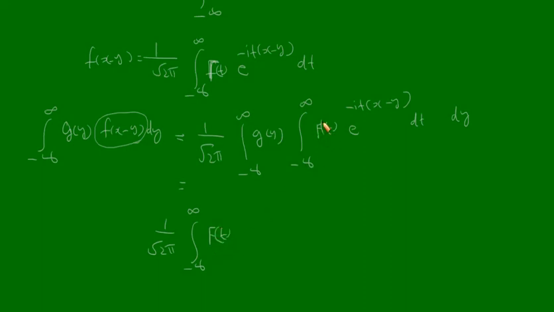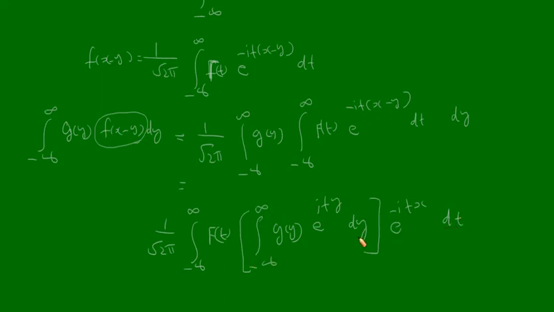So this F of t I wrote first, then integral from minus infinity to infinity g of y, then e raised to ity, taking this it inside, e raised to ity comes, then dy. So I wrote the whole y term together, so we can put it in a bracket. Okay, then e raised to minus itx, then dt. I just rewrote it.